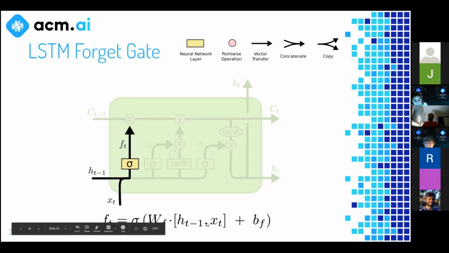That's what this operation is saying: h_(t-1), x_t. You concatenate them, and then it's exactly like we've seen before. This is the normal Wx plus b times the activation that you've seen the entire time. You concatenate the two, multiply it by the weight value, add your bias, and then pass it through the sigmoid.